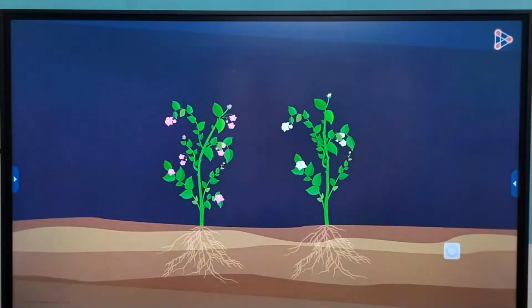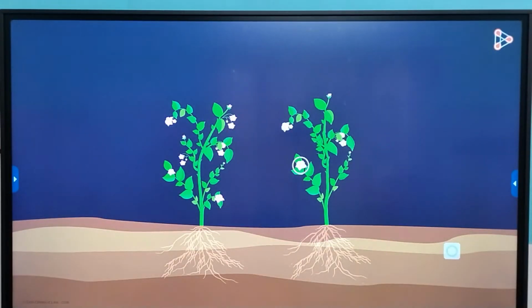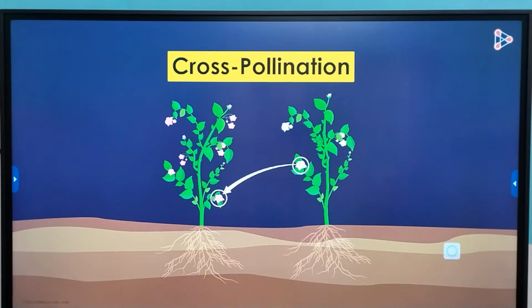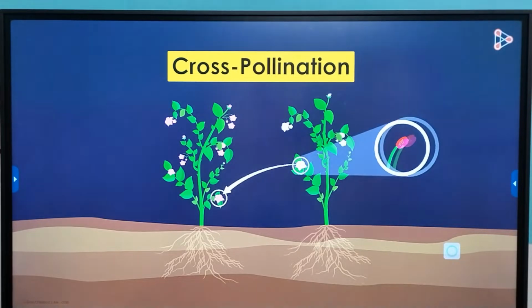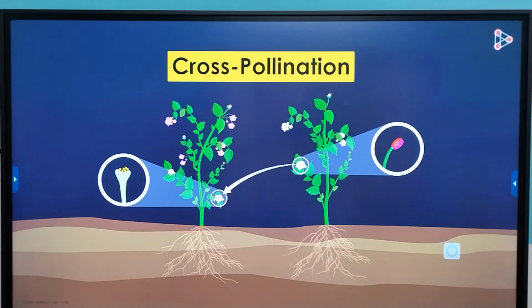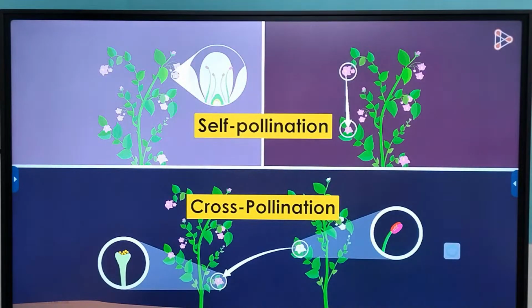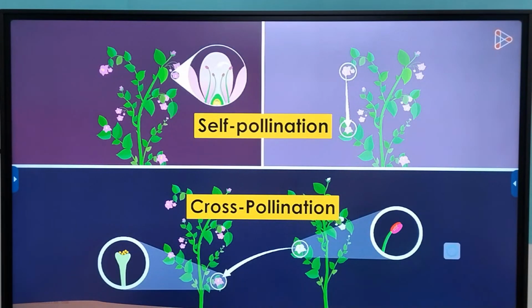Now imagine the transfer of pollen grains occurring between this flower and another flower found on a different plant. This pollination is called as cross-pollination. This means where the pollen grains travel from the anther to the stigma of a flower present on a different plant. So we have self-pollination, it involves a single flower or different flowers of the same plant.